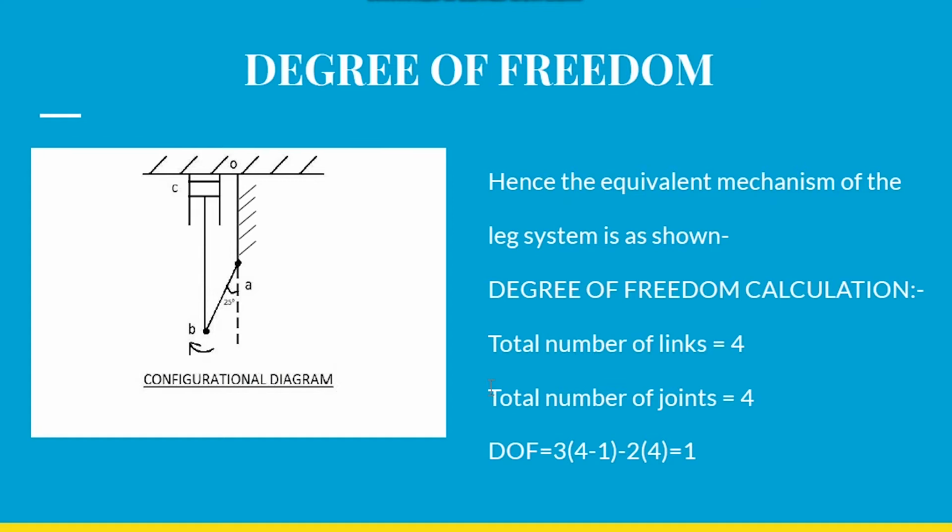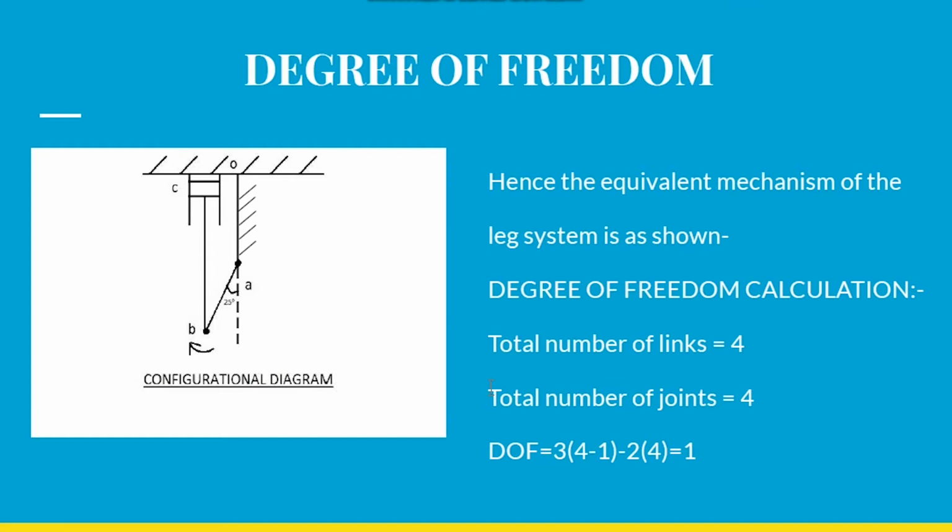Therefore, the number of links is four and the number of joints is also four, which includes the joint between the thigh and the leg, between the leg and the connecting link, between the connecting link and the piston, and between the piston and the cylinder. So, the degree of freedom is calculated, and it comes to be 1. That shows that we have to give only one input to cause the movement of the whole mechanism.